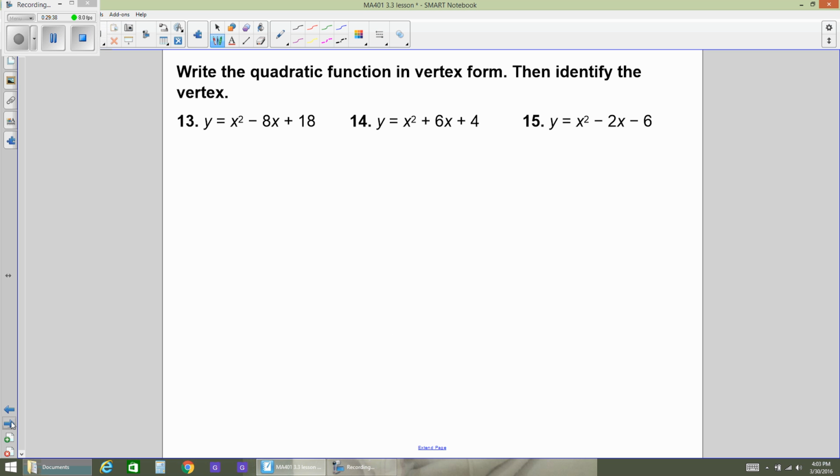Okay, here's some more practice problems for us. Write it in vertex form, identify the vertex. So move the constant. I've got y minus 18. I'm going to leave some space this time. X squared minus 8x. Okay, half of negative 8 is negative 4. Negative 4 squared is 16.